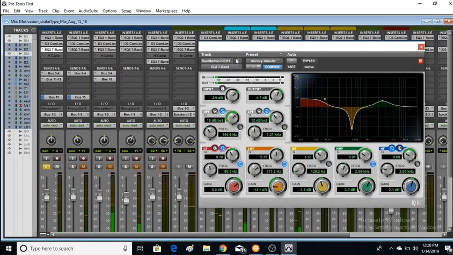Let's pull up this EQ. Okay, so we're in our mix window and we're working on the EQ for this channel right here, this kick drum track. Let's look at the different features we have.